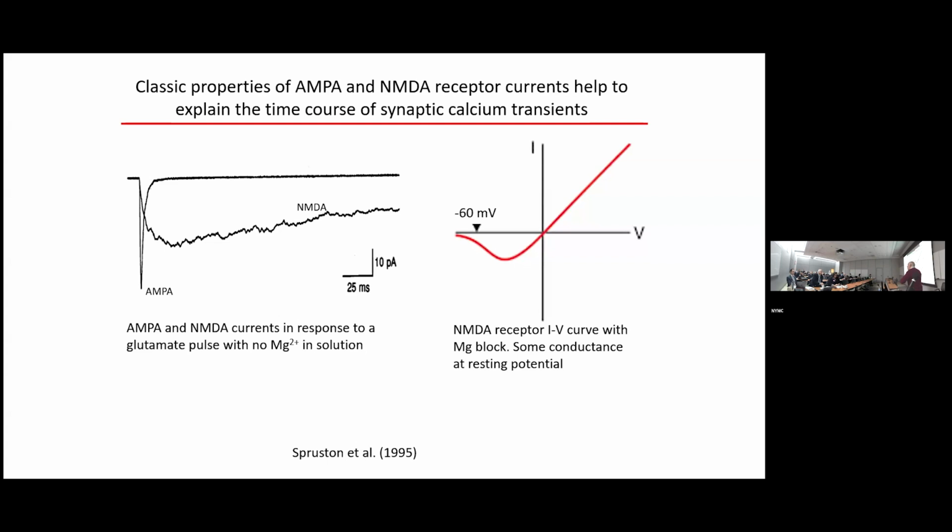The synaptic response removes the magnesium, allowing calcium to flow through the NMDA receptor. So it's only when the magnesium block is removed that you get calcium entry, and that occurs only at the time of the EPSP in the spine, which is very fast.